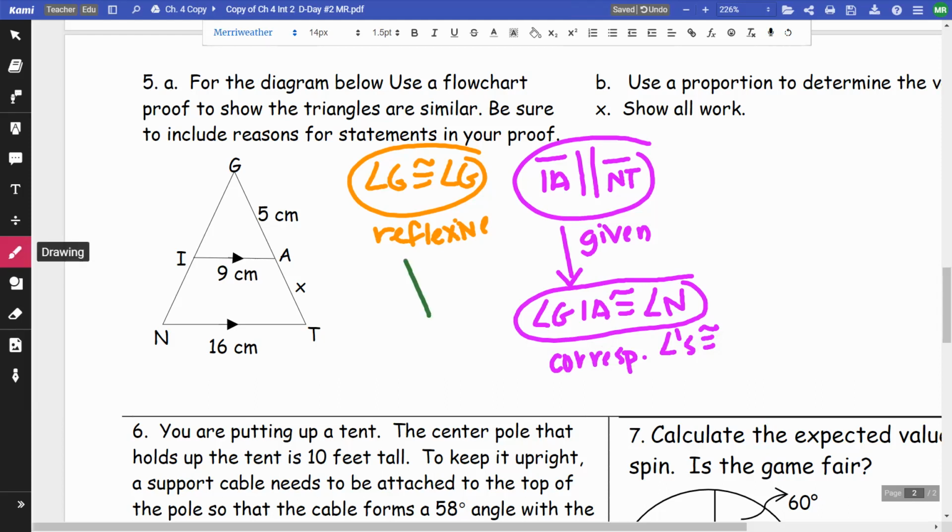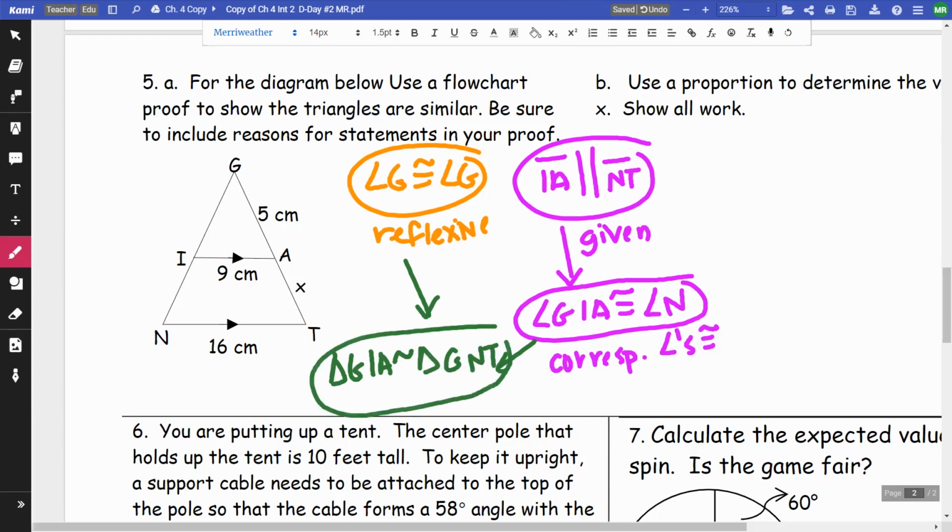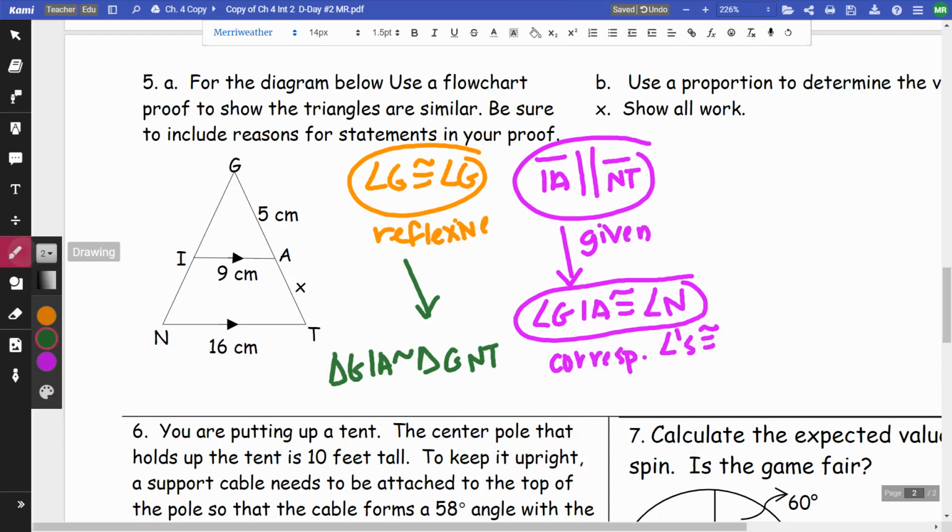And when I have this angle and these angles here, I can say that triangle GIA is similar to triangle GNT. And my reason is going to be angle similarity.